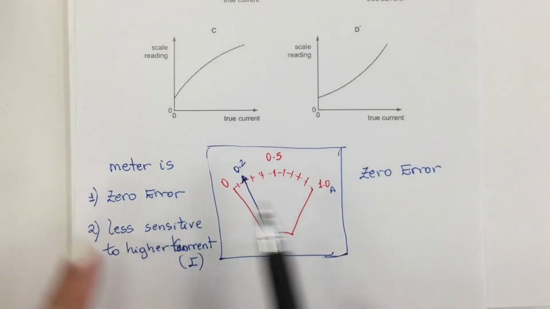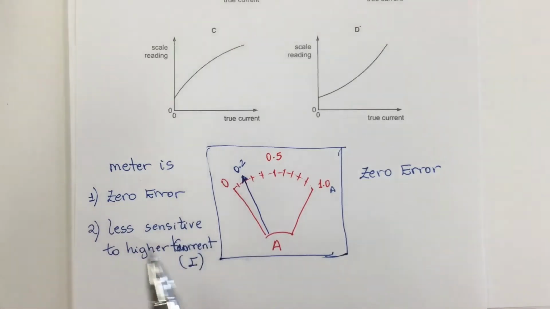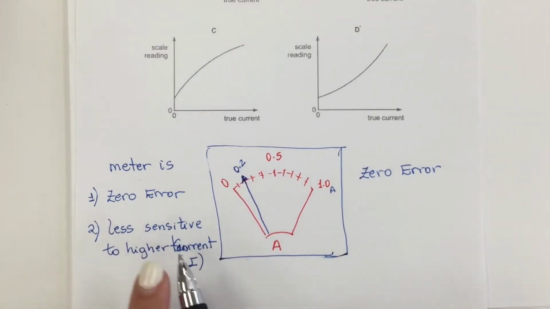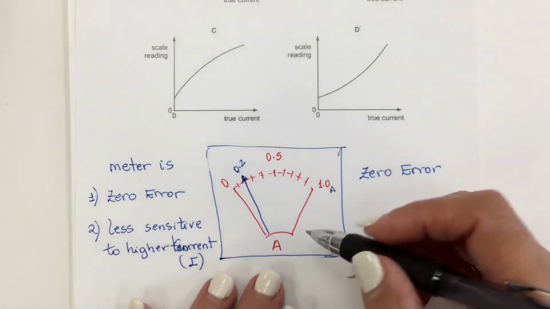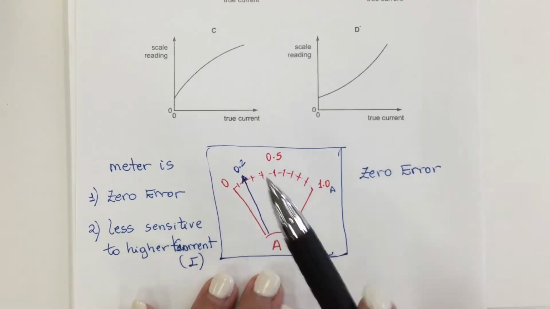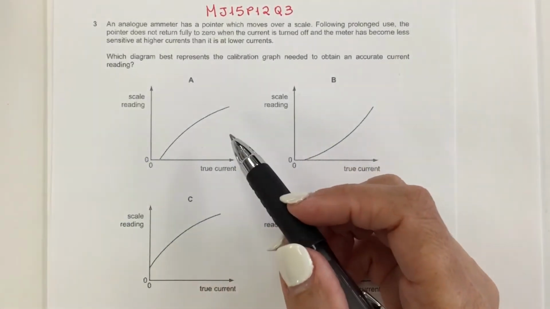One is the ammeter has a problem with zero error. And the second one, the ammeter is less sensitive to higher current. So as the current is getting greater, the pointer is not going to deflect as much. Now let's take a look at this graph.